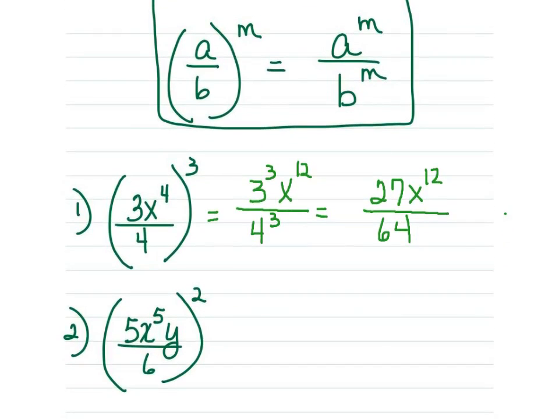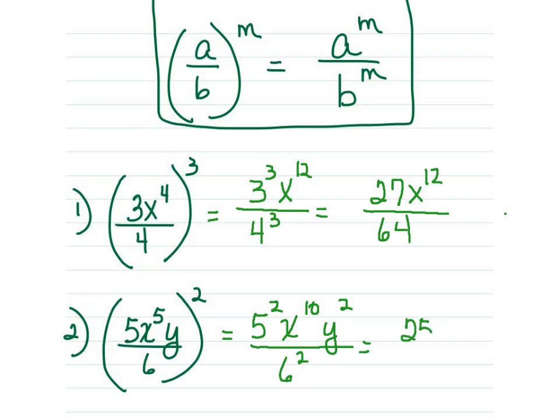Okay, number 2, 5x to the 5th y over 6. And all of that is being squared. So we have 5 squared, x to the 10th, y squared, over 6 squared, and let's simplify.